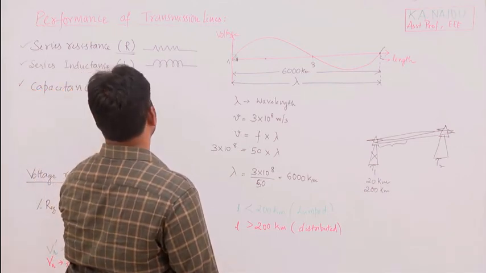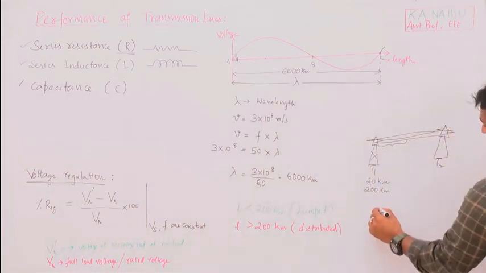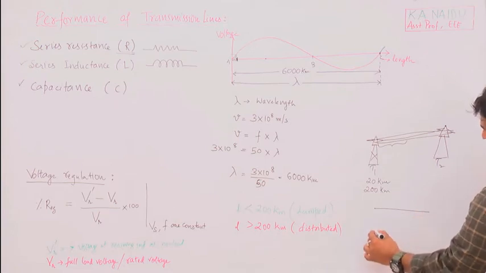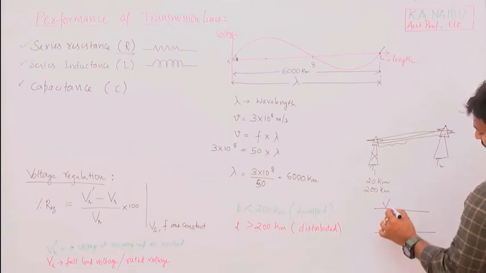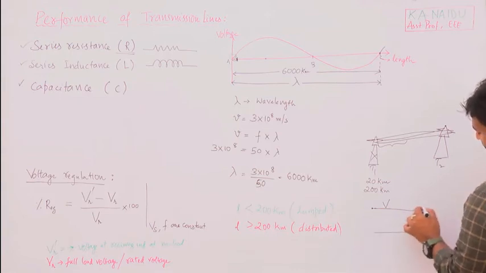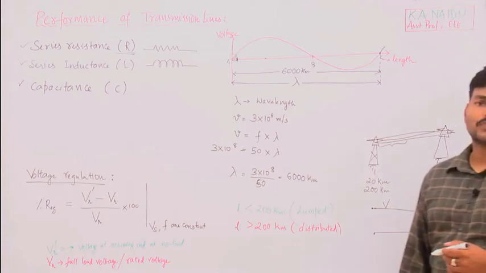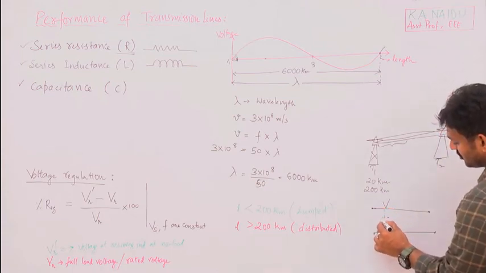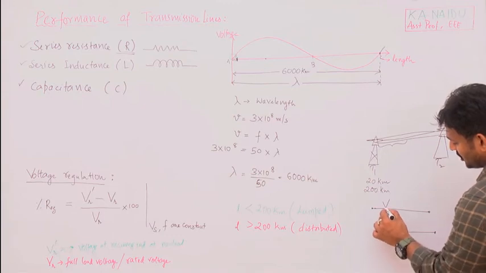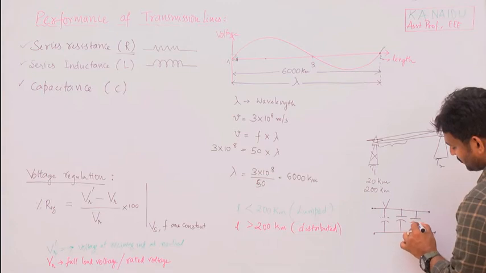It is denoted by C. So here you can see there are 2 lines or 3 lines that are at different voltages. So whenever there are 2 lines at different instantaneous voltage, there will be a capacitance between these 2 lines that is distributed throughout the length of this conductor.